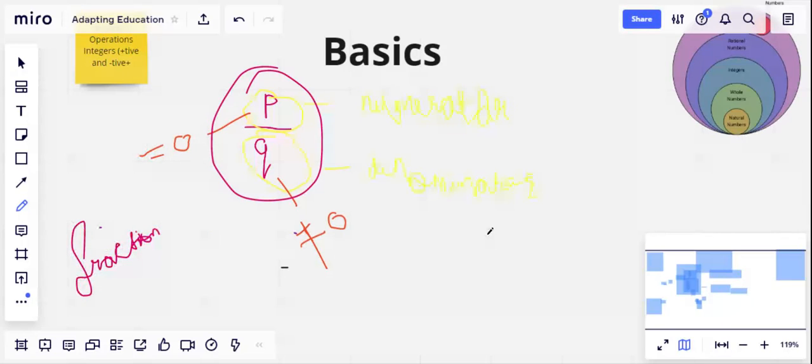Choose this. So we have 20 upon 10. Here the denominator is not 0, but the numerator can be. Now what we are going to do is 20 divided by 10. How can we simplify it?